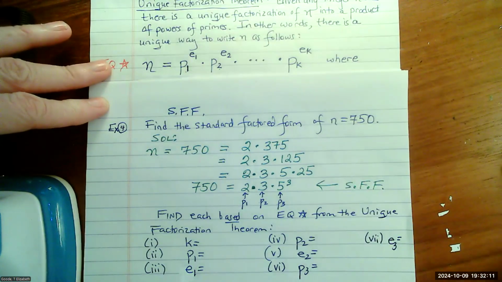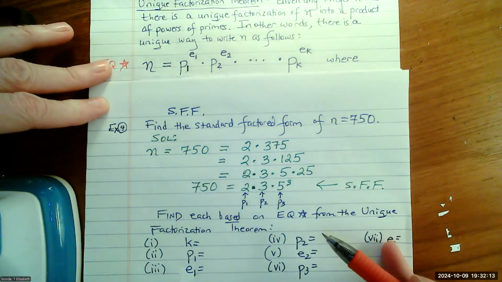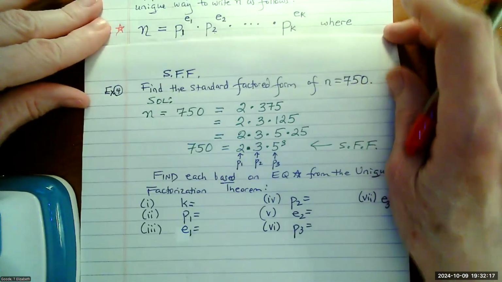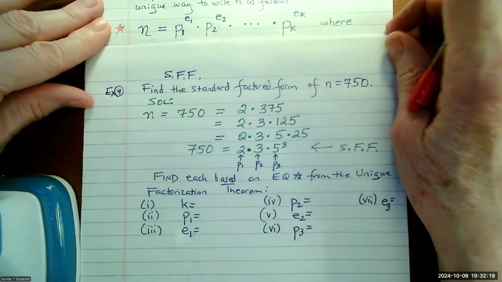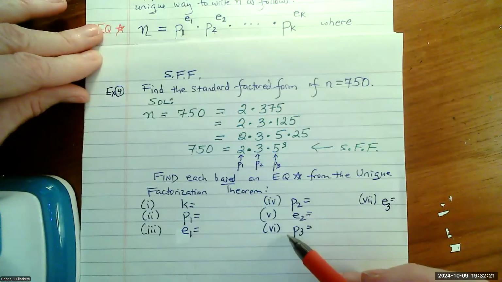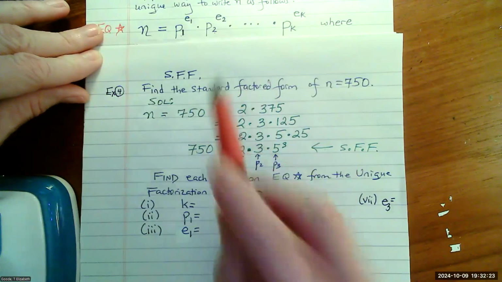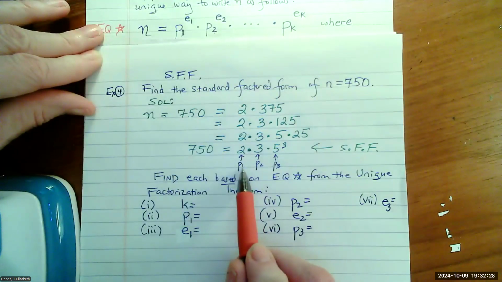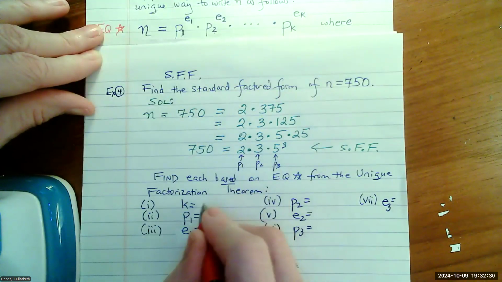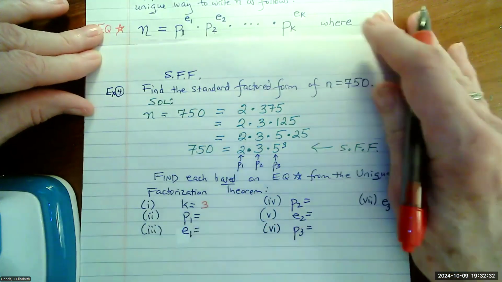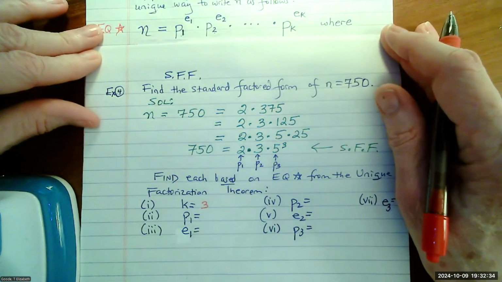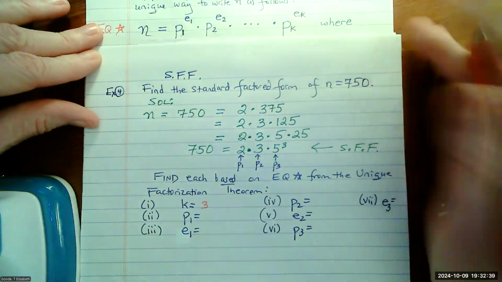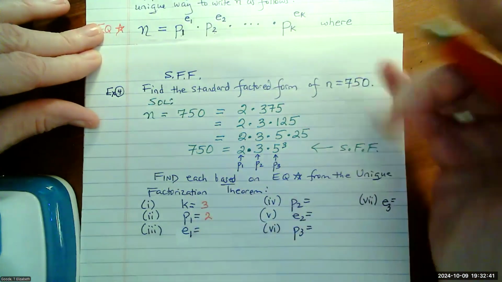So what is K, folks? Three. Yeah, K is 3 because we have 1, 2, 3 different primes, P1, P2, P3. What is P sub 1? Prime 1. Two. Yep. What is E1?